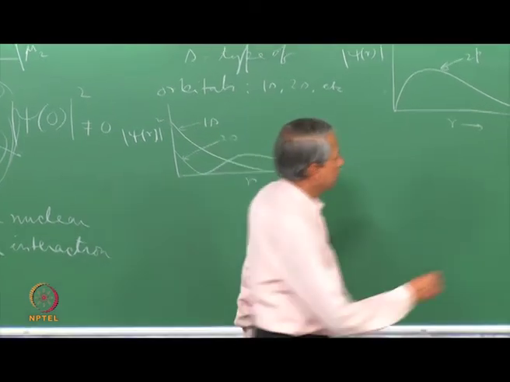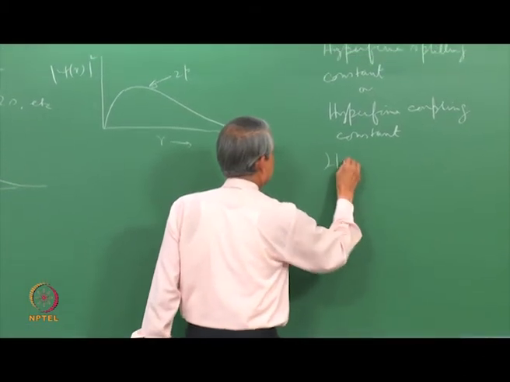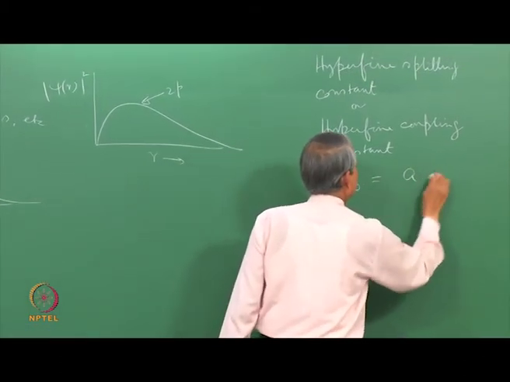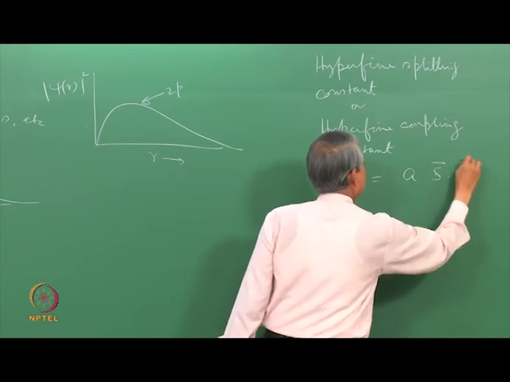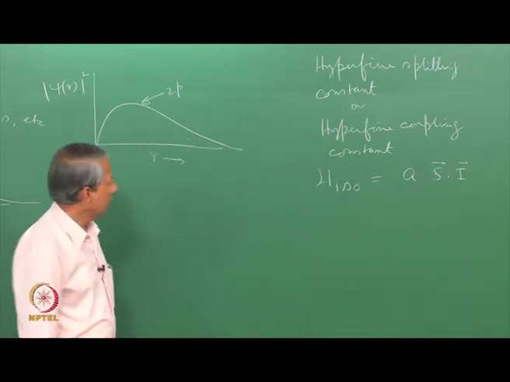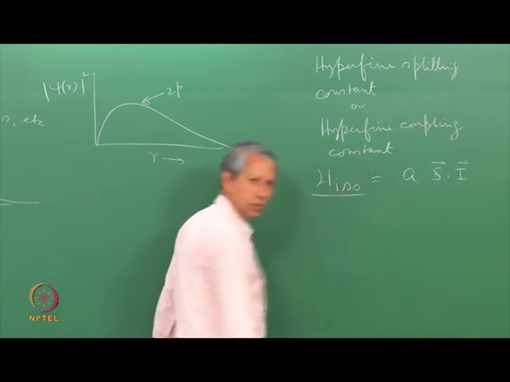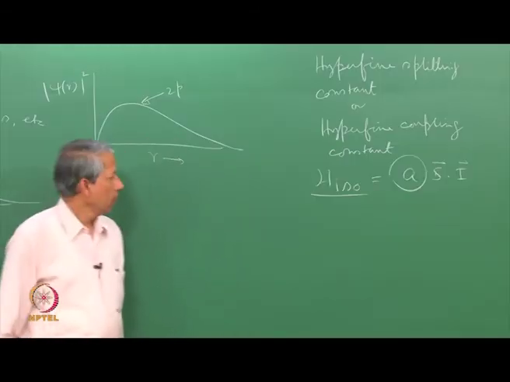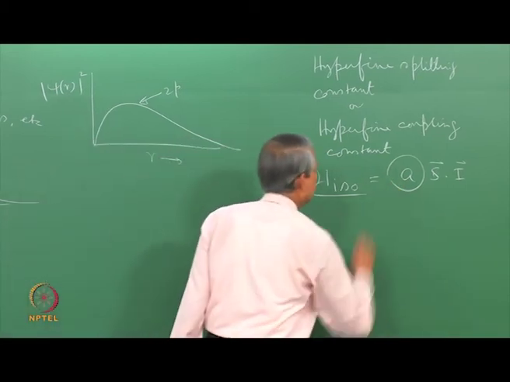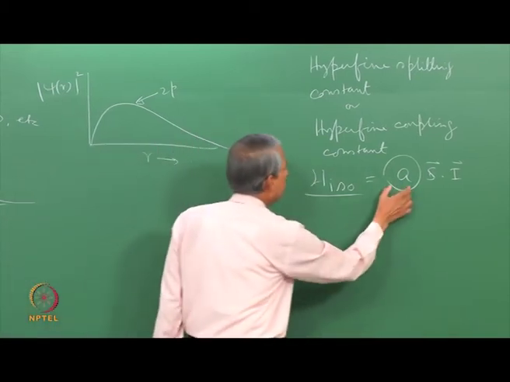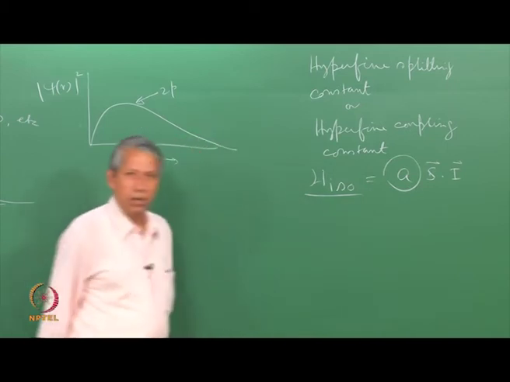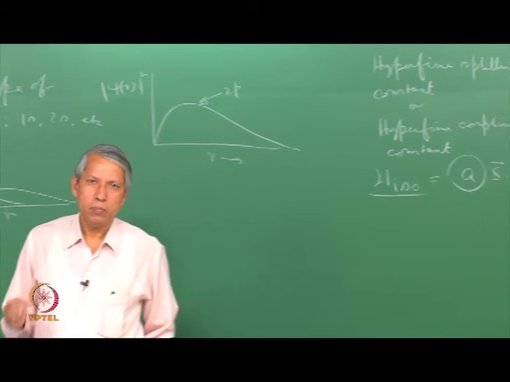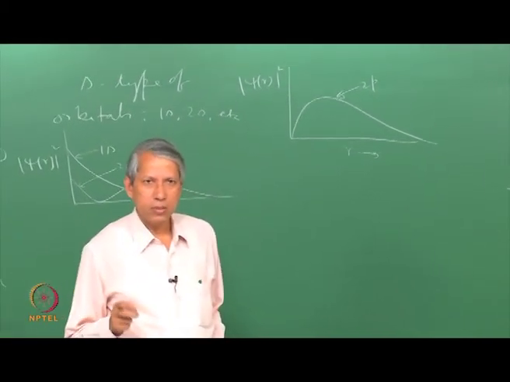In this isotropic Hamiltonian, I write A S dot I. Here this is an energy of interaction, and A gives the strength of the interaction. So, I will be calling it the hyperfine coupling constant, the coupling interaction between the electron dipole and the nuclear dipole.